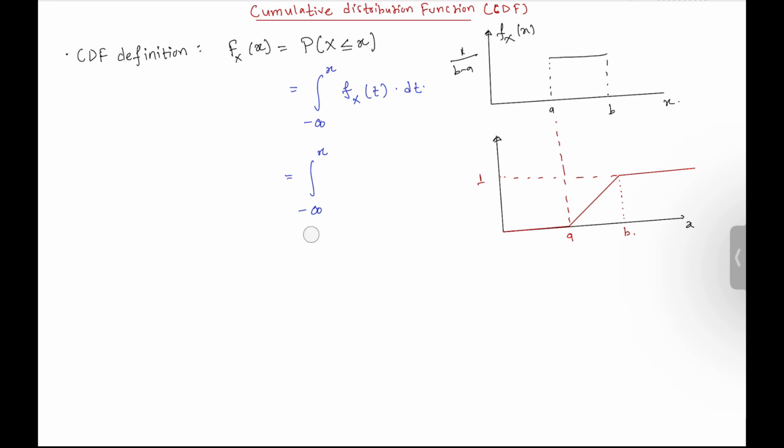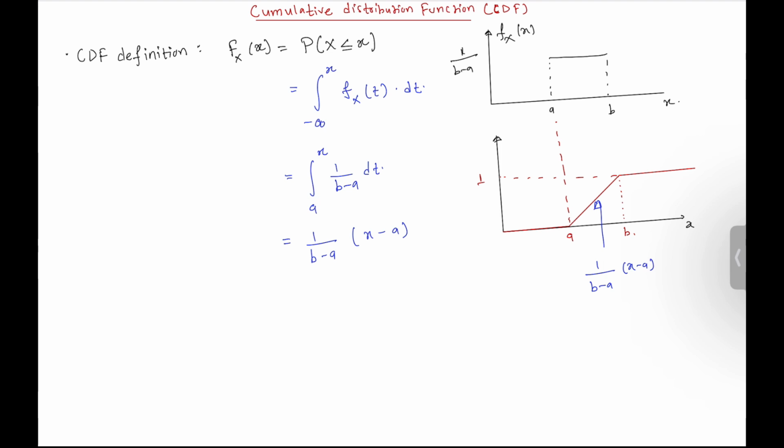So instead of taking the integral from minus infinity, we can take from a till any general point x, and there we have the height of this PDF, which is 1 divided by b minus a, dt, right? And we can simply integrate, this will be 1 divided by b minus a times x minus a. So the equation of this line is 1 divided by b minus a times x minus a. And once we have integrated or occupied all the probabilities, that means it will be 1, so maximum it can go to 1.